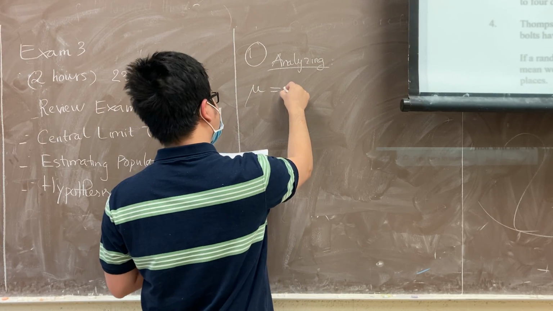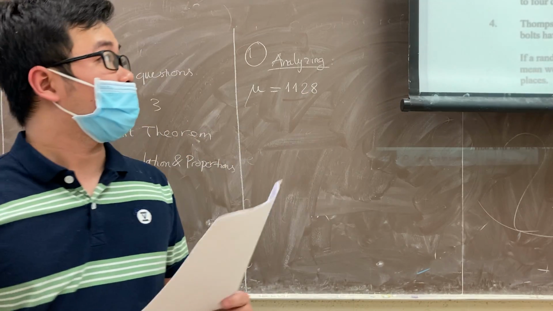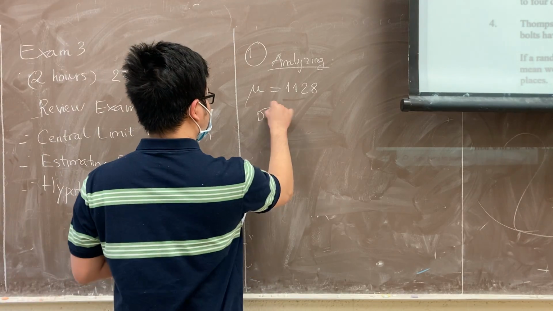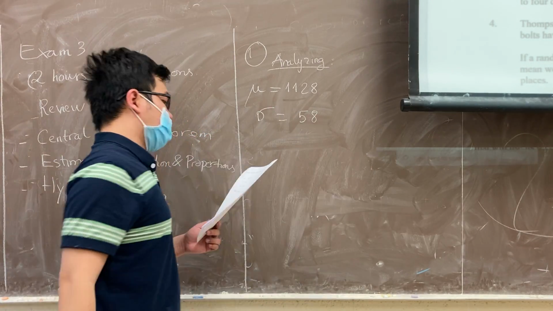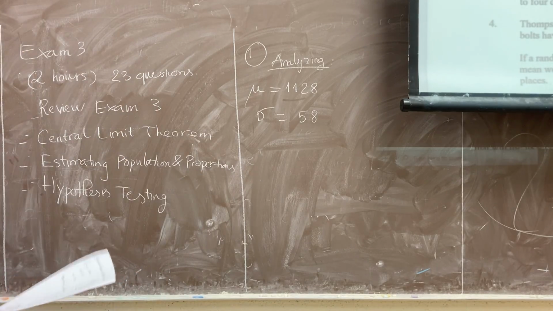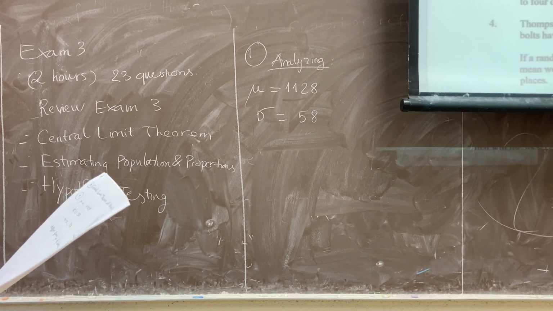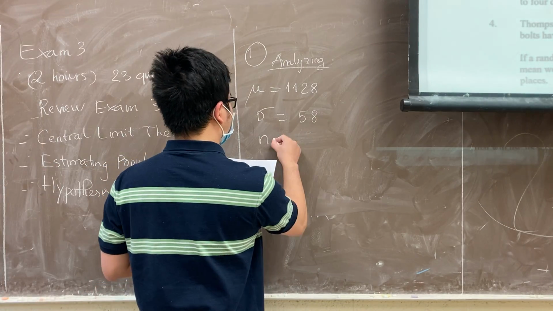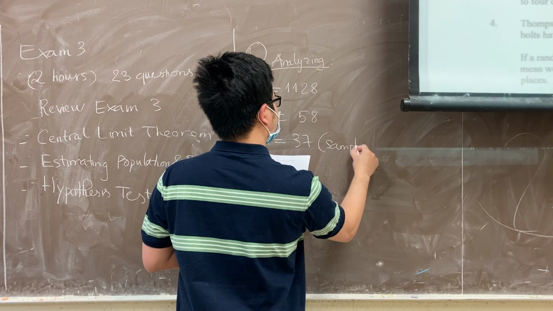The mean here is 1128, right? And the second one, they give you the standard deviation, sigma, here is 58. Also they give you the sample size. The sample size n here is 27.